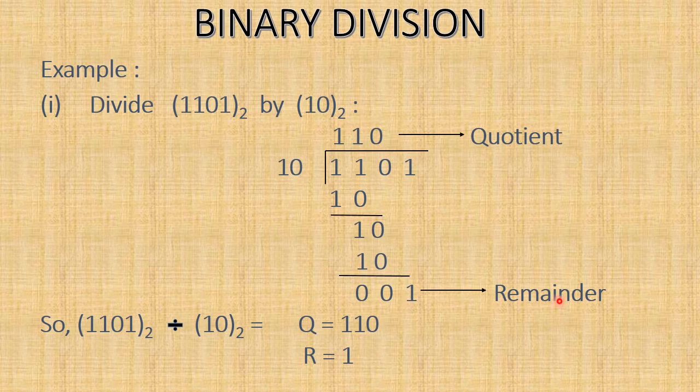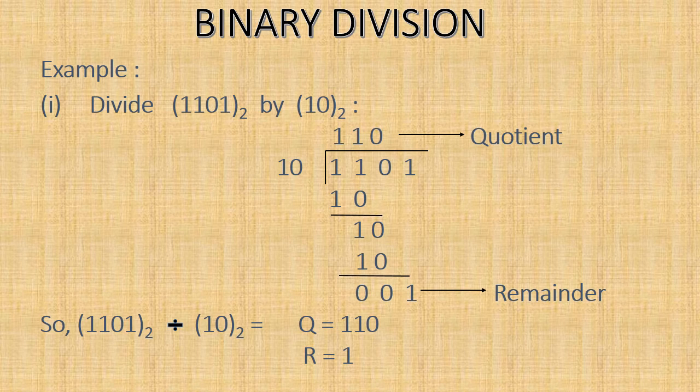Here nothing will remain, so we'll take a borrow. 0 will come over here. Now this 10 divided by 10. So 1 times 10 is 10, and 10 minus 10 will give 0. Now we will borrow another digit. Now only 1 is left. So we have taken 1, but 1 is not divisible by 10. So in the quotient we will write 1 extra 0 and stop this process.